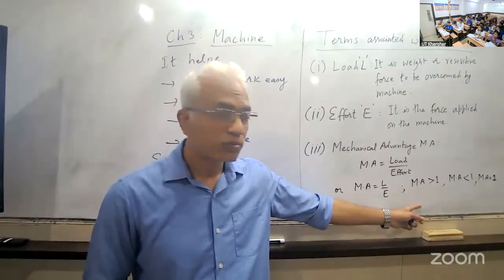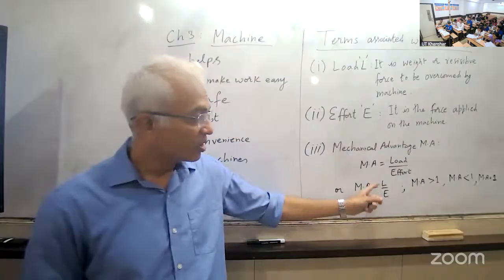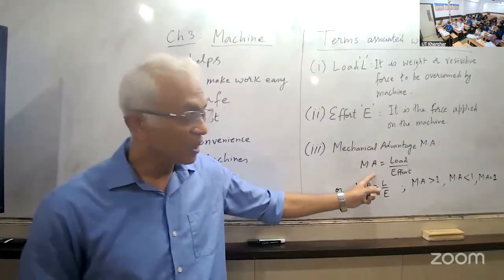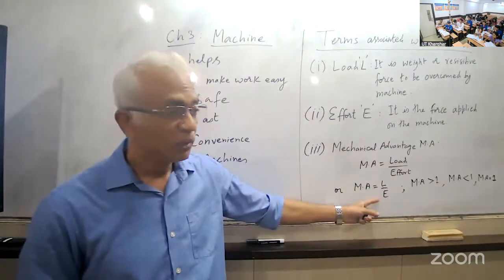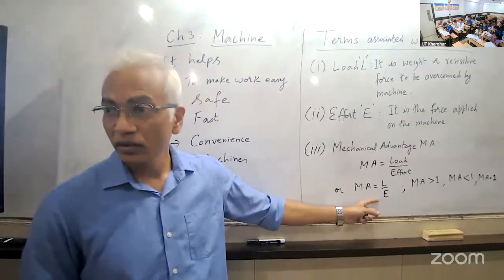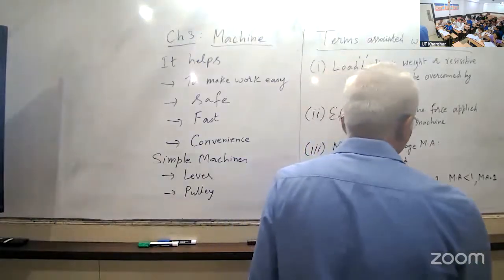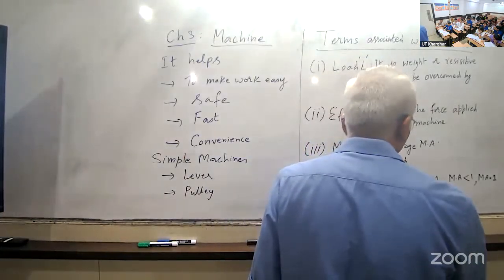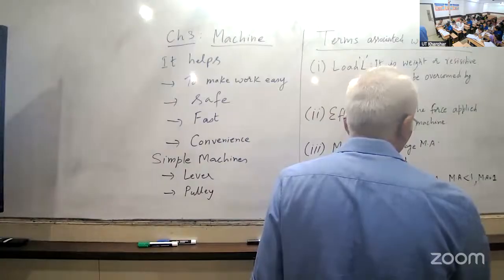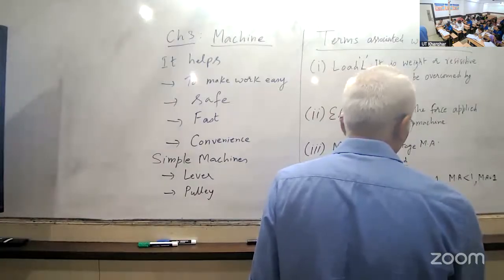It is a force multiplier. That means the machine is able to lift a very large load for us on the application of very small effort. That's when you'll have mechanical advantage greater than 1. So in this case, effort is less than load, and the machine works as a force multiplier.